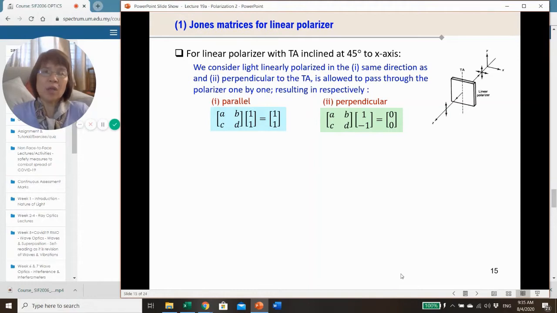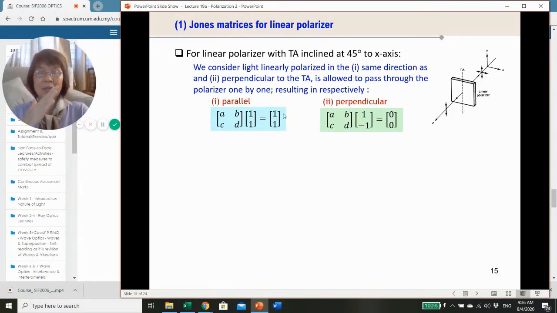Then we try one with the transmission axis inclined at 45-degree angle. So we consider linearly polarized light entering the linear polarizer in the same direction, that is inclined at 45-degree angle with the x-axis, so that's (1, 1). So you should get (1, 1).